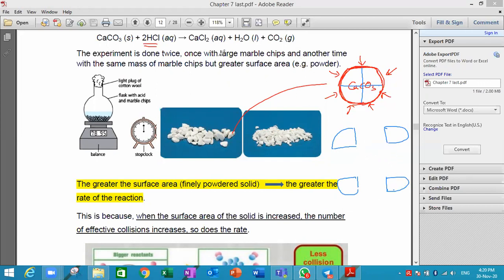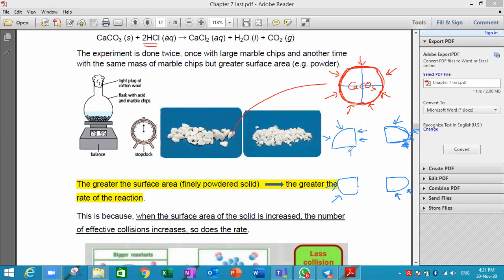So where will the acid react now? Here are the original places where the acid could react: these outer spaces only, not the inside. But now when we divided this lump into 4 pieces, the hydrochloric acid can react from other places as well.